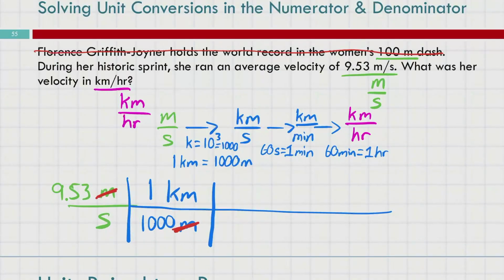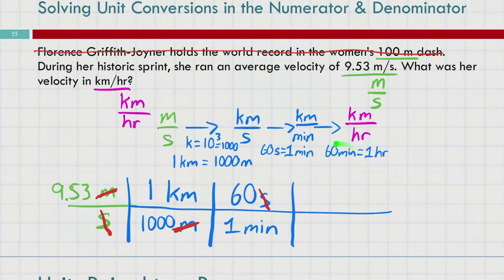And then we're going to be converting seconds. So for seconds, there's 60 seconds in 1 minute. We need seconds on top. And that'll get our seconds to cancel. And then we're converting minutes.